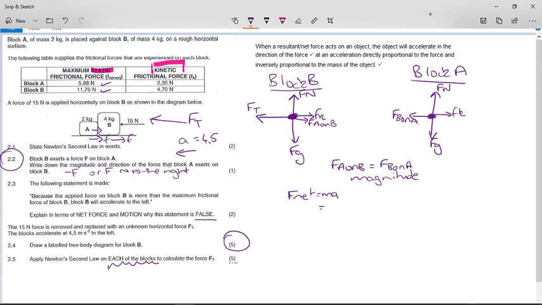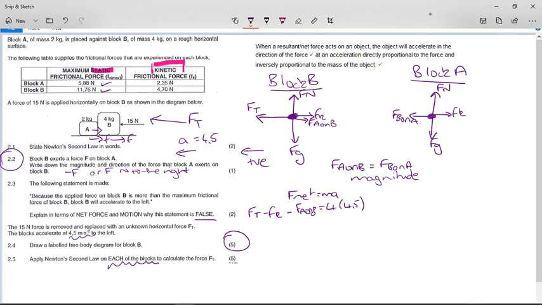Block B's mass is 4, and they said in the question the acceleration is 4,5. So we've got the right hand side of the equation. Now we need to look at all the horizontal forces. If we say this way is positive, we're going to have Ft minus Fk minus FA on B.